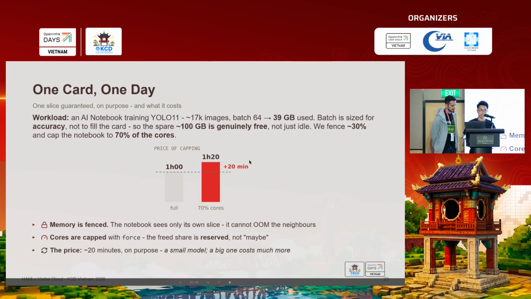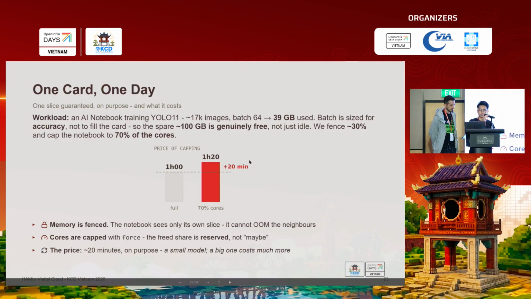The batch size is set for accuracy, not to fill the card. Some people may ask if we can increase it to 512, but the batch size for this job only needs 64. So we have almost 100 gigabytes of RAM generally free, not just idle.